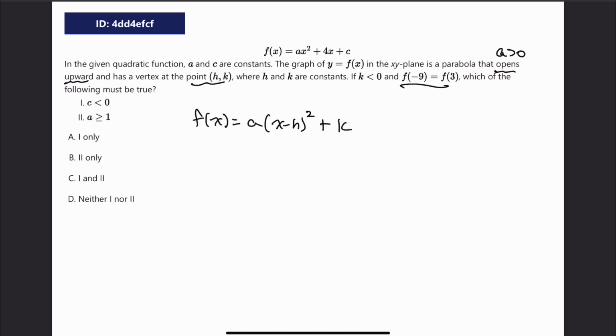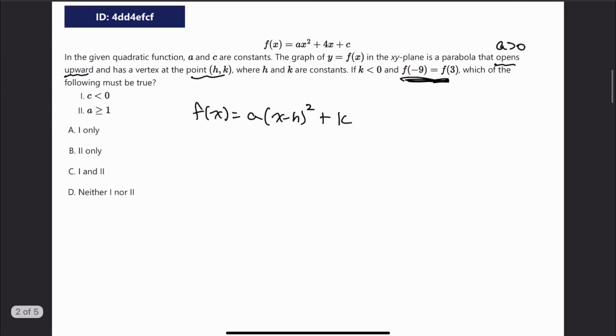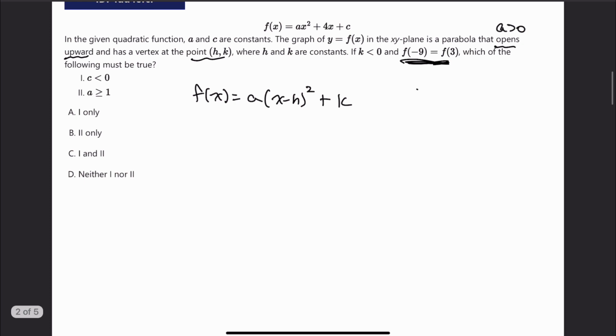And this f(-9) equals f(3) tells us our vertex. So since all the quadratic functions are symmetrical like this, and if this is the vertex, this might be negative 9, this might be 3, and this will have the same y value.